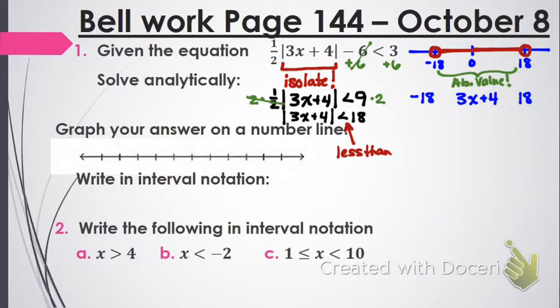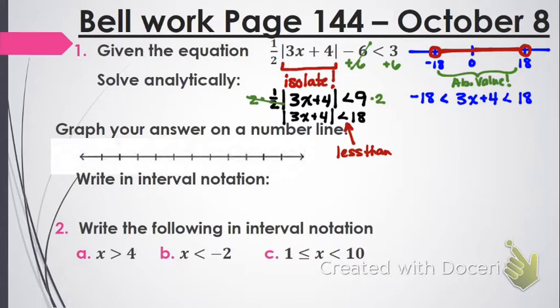Is the negative 18 the biggest thing? No. 18 is the biggest thing. So if the alligator started eating things, he doesn't want to eat the smallest thing. He's going to start at the negative 18, but he's not going to eat that one. He's going to eat all the stuff in the middle. That's why I have a less than right there facing the 3x plus 4. And then he's going to eat all the way until he gets to the 18.